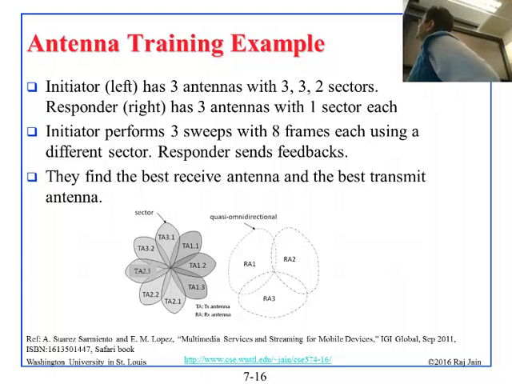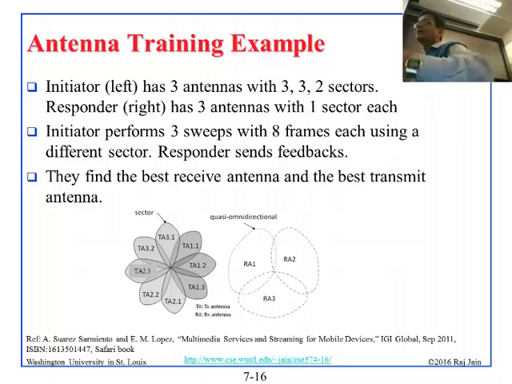Okay. So the initiator performs 3 sweeps with 8 frames each, using a different sector. So the 8 frames are these 8 frames. One will go here, one will go here, one will go here. You can see 3 plus 3 plus 2, 8 frames. And it will do this 3 times, because the first time, hopefully it is trying to talk to RA1, the second time RA2, the third time RA3.